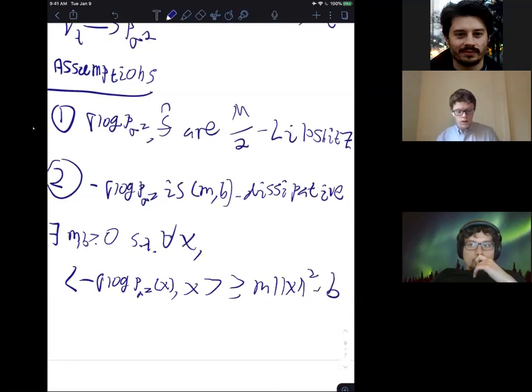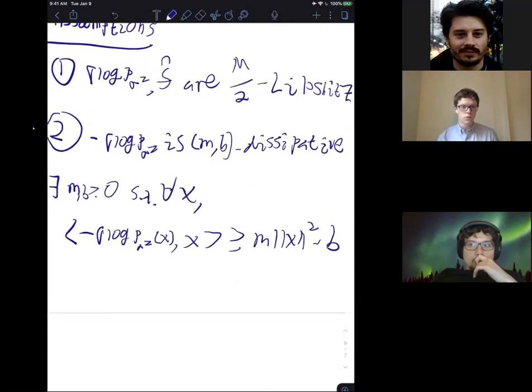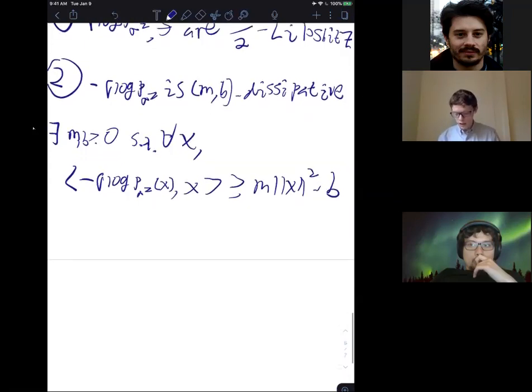You can think of this as a very weak version of convexity. It's actually weaker than being convex outside of some compact set, but it does ensure fast mixing in some sense of the Markov chain, which we'll get to in a second.